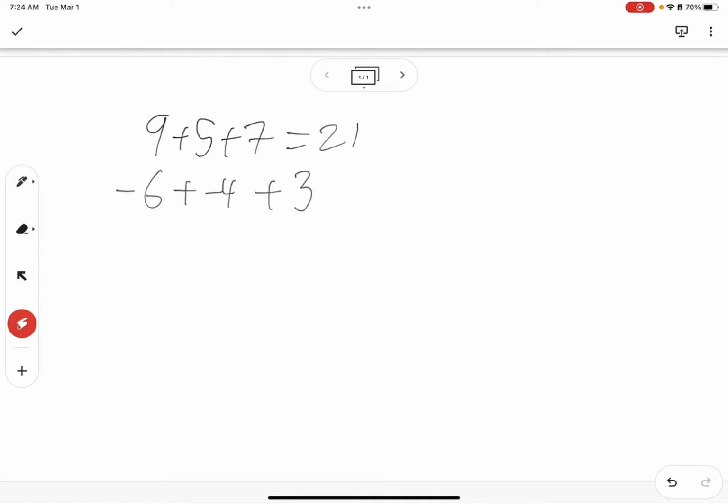So what I want to do for this is draw a number line. Let's make this 0.